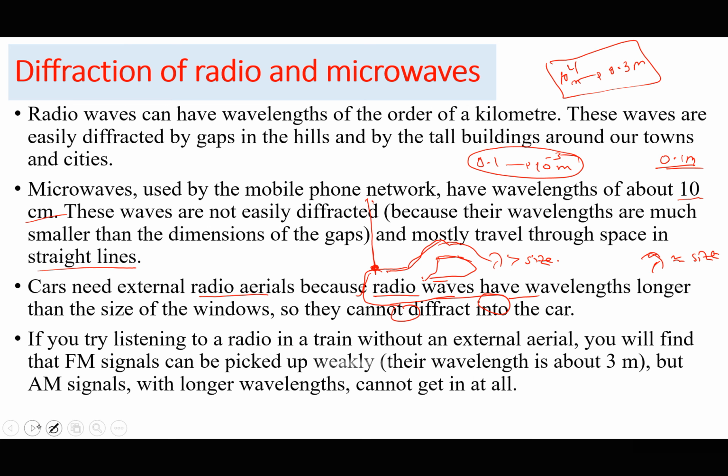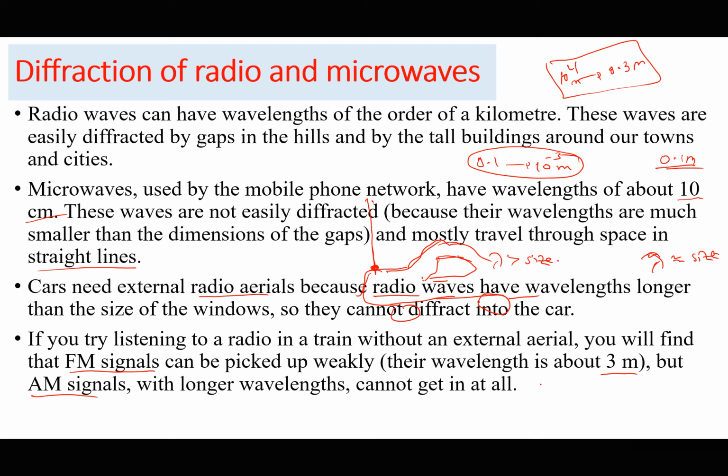So if you try listening to a radio in a train without an external aerial, you'll find that the FM signals can be picked up weakly. Their wavelength is about 3 meters, but the AM signals with the longer wavelengths cannot get in at all.